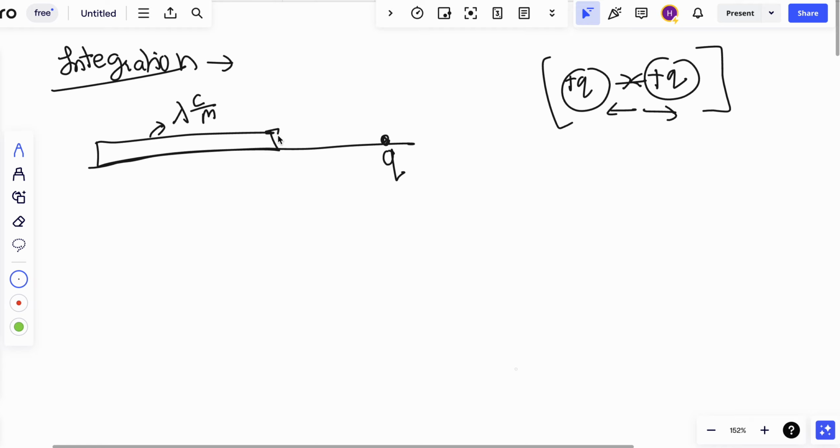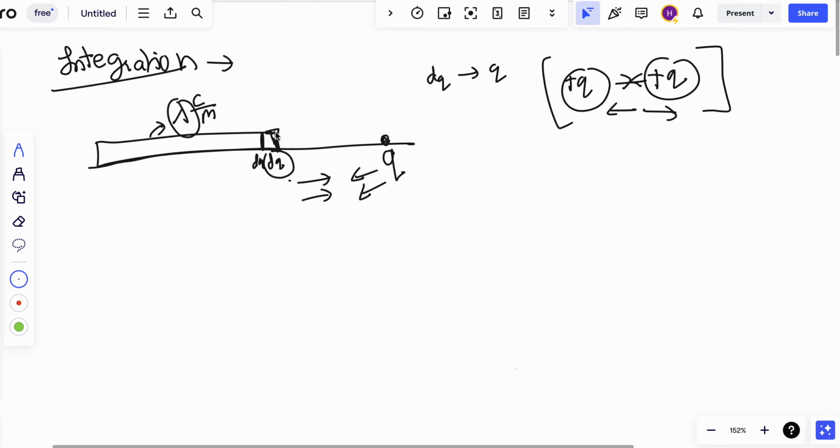So what will happen in this case is, this is charge per meter. There will be a small charge here, dq. Consider that dq is a small element of q. There will be some force between this and this. Then there will be one more element dq here, which will have some force between this and this.